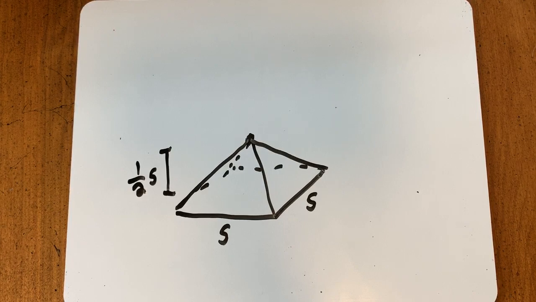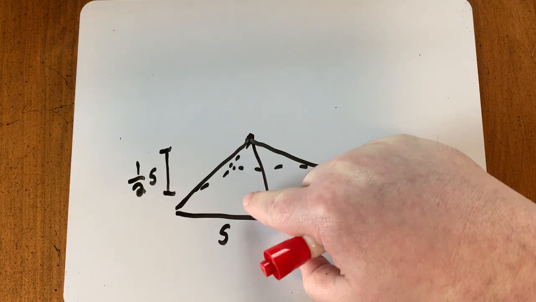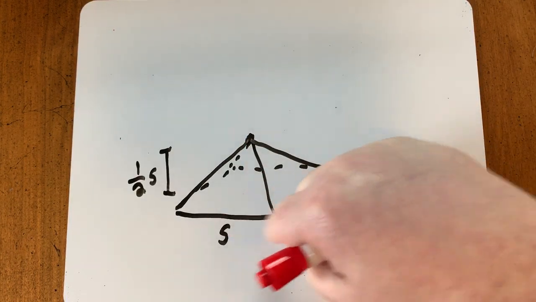All right? So the height of the square pyramid is half the side length.